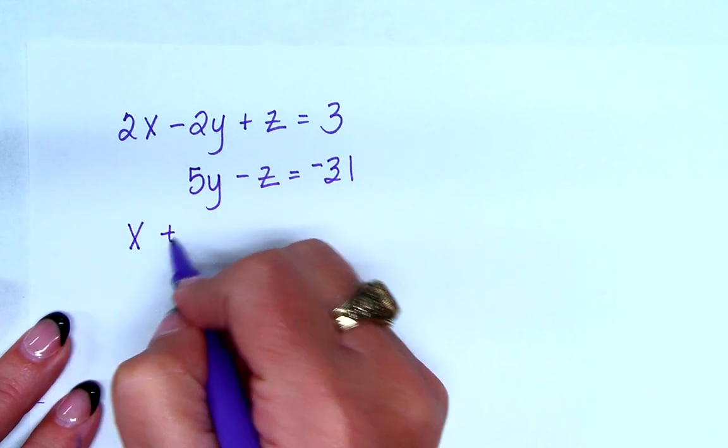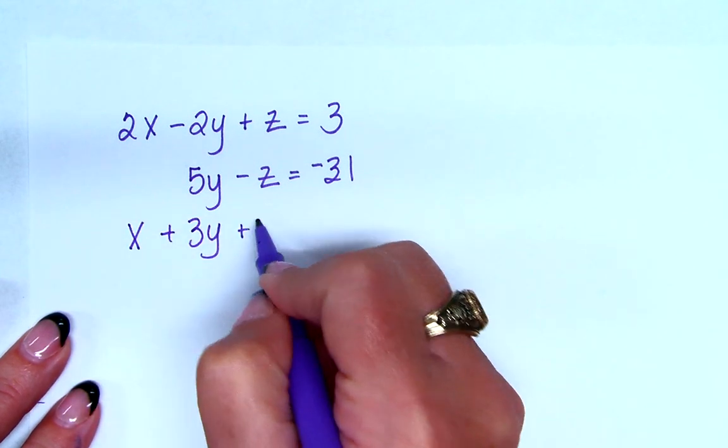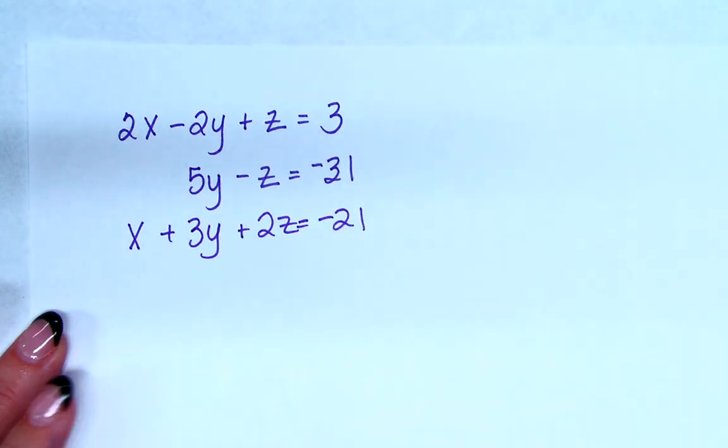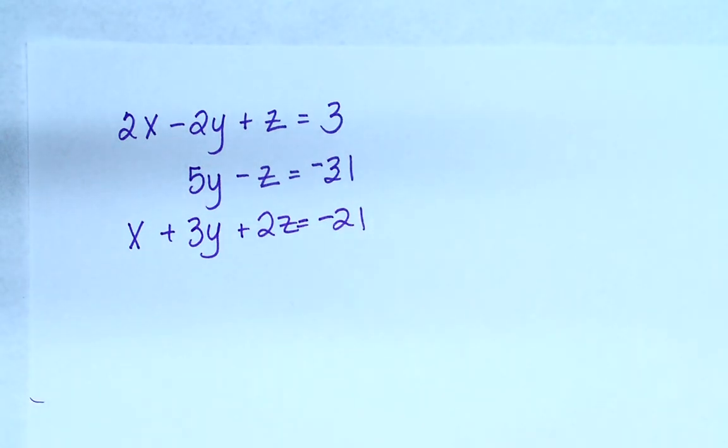X plus 3y plus 2z equals negative 21. I didn't get lucky this time, huh? None of my variables are already given to me.